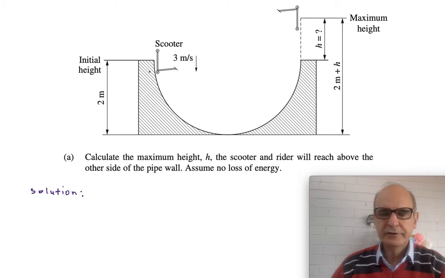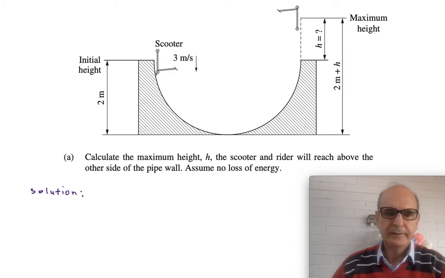Kinetic energy is the energy an object has because of its motion and is equal to half mv squared, where m is the mass and v is the velocity. And potential energy is the energy an object has because of its altitude, and it is equal to mass times acceleration due to gravity times height, or mgh.